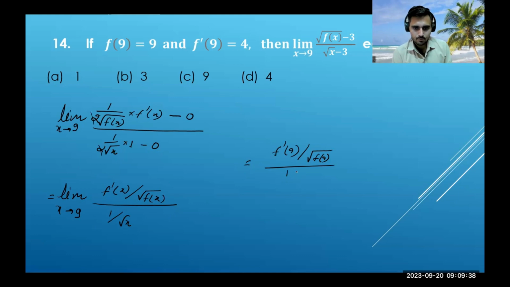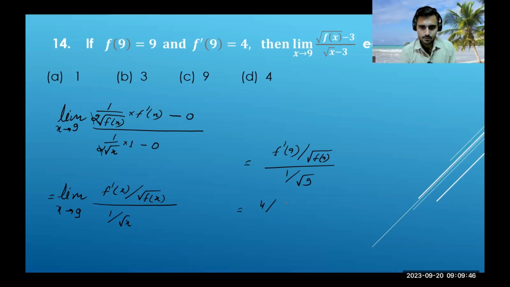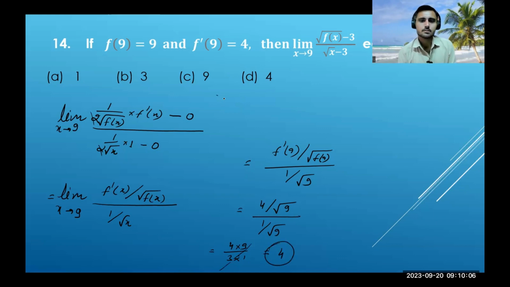And we have here 9. So f dash of 9, we have 4, right? So the value is 4. And here we'll write f of 9, which is 9, right? And 1 upon f of 9. So we'll get here 4 upon 3, and it will become 3 upon, right? Then 3 cancels, and we'll get 4. So that's the answer. And that's all.